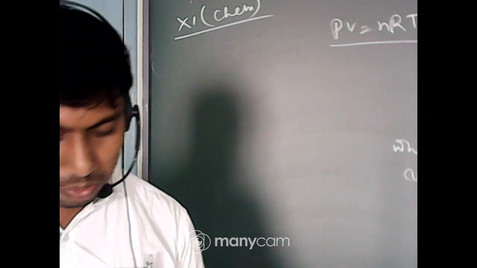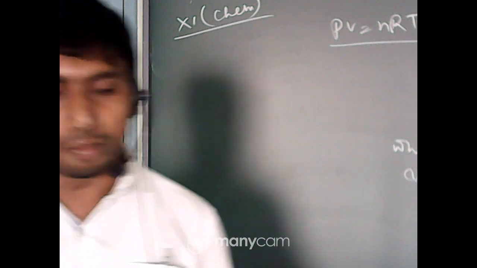This is one form, obtained when all the parameters are changed. But there is another form: how to prove PV equal to nRT.